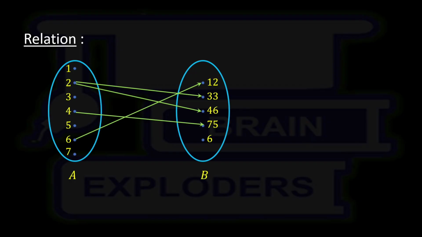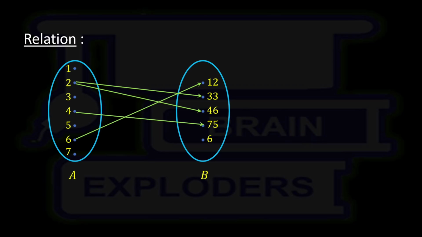These are connected with direction arrows, right? So it represents order. So I'm not taking all the ordered pairs. It's not necessary to take all the ordered pairs. Some of the ordered pairs form a relation.